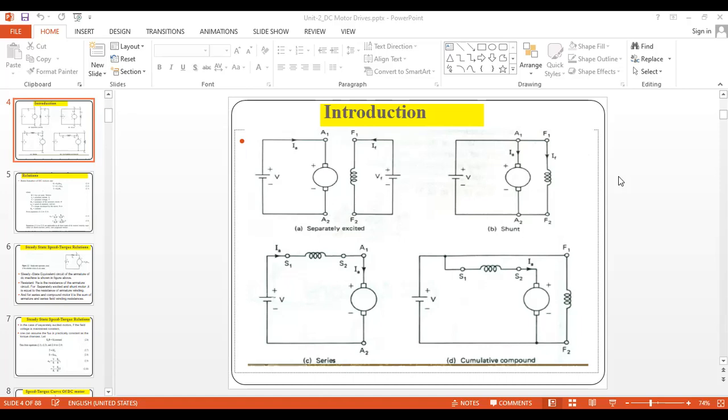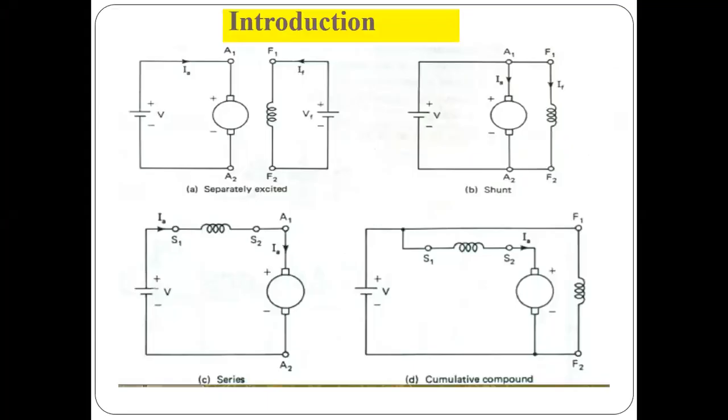So let us understand what the specifications are, what the types are, and what the torque, speed, and equations are for the DC motor drive. As you can see in this figure, this is the types or classification of DC motor drives.